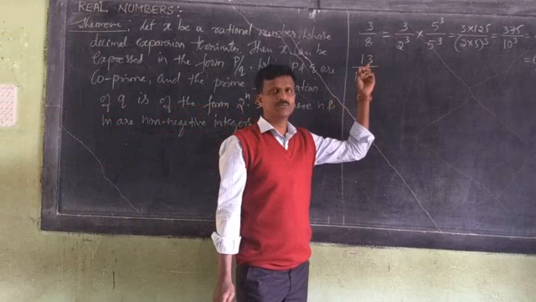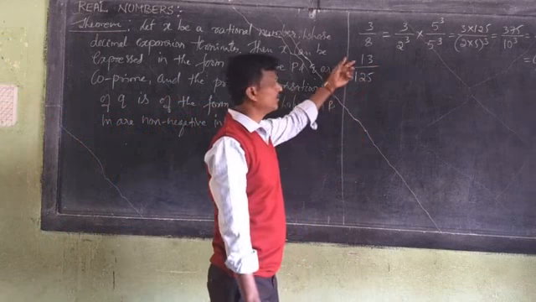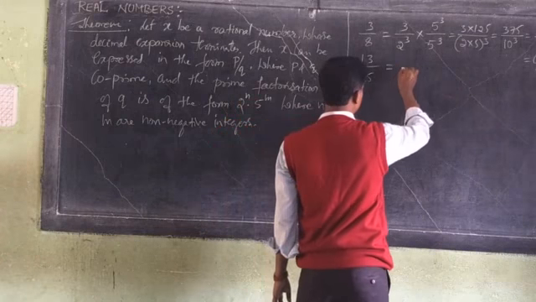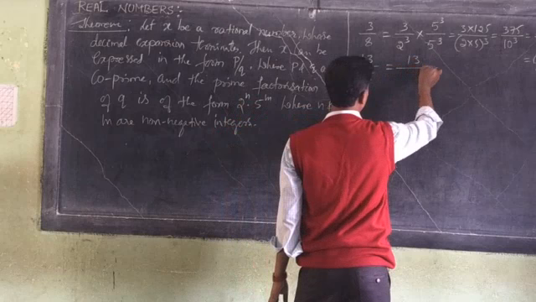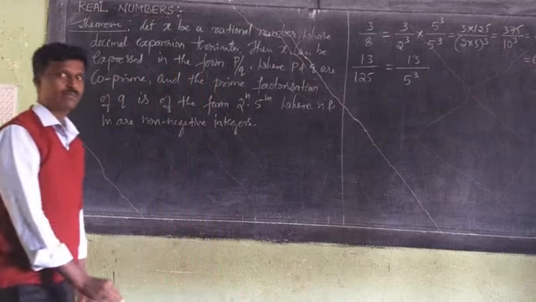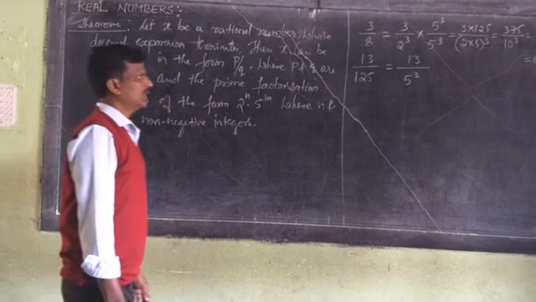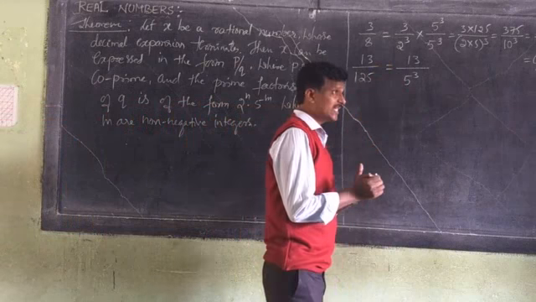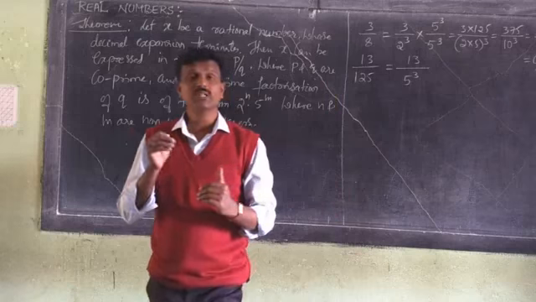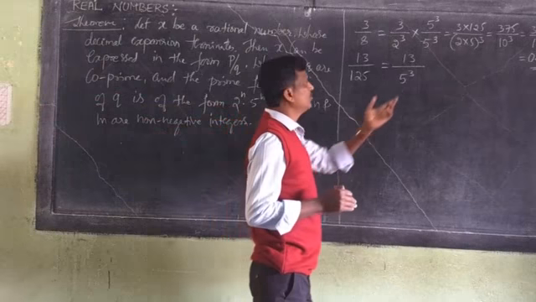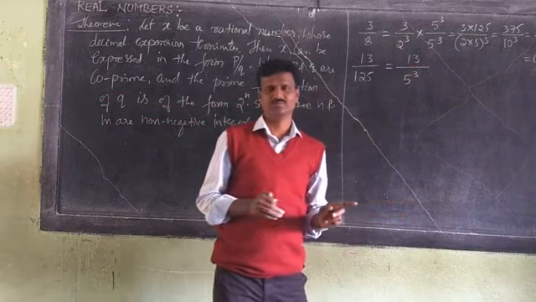Now we consider one more example here, 13 by 125. This can be written as 13 divided by 5 cube, since 125 means 5 cube. Now, if we make the denominator a power of 10, what should we multiply both the numerator and denominator by?